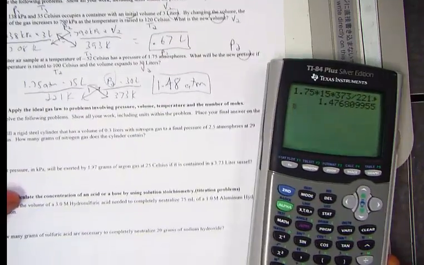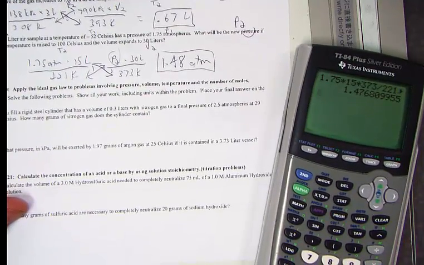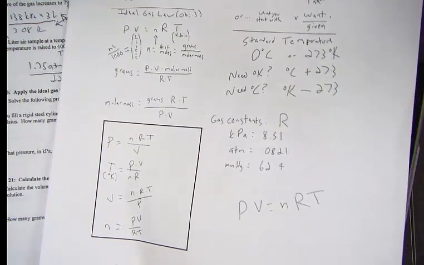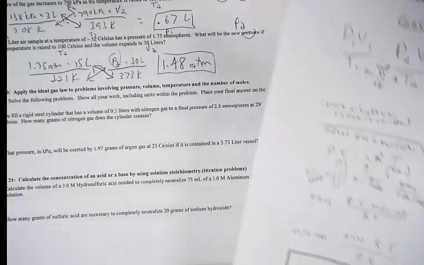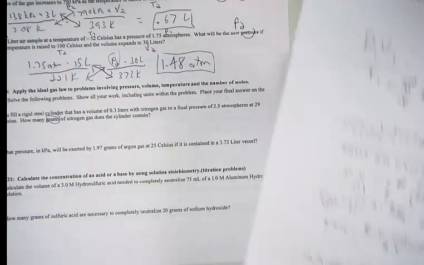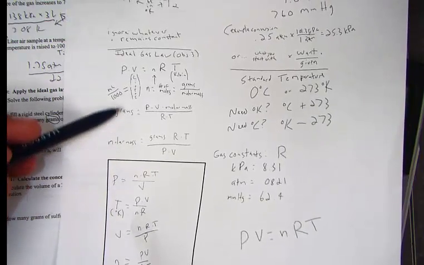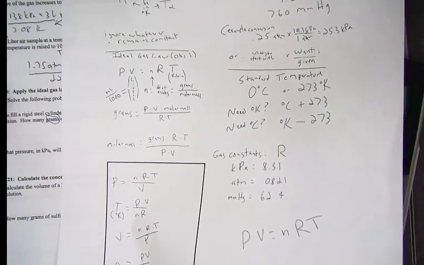Now we're on to some Puvnert's. Solve the following problems. Got a lot of Puvnert problems, and a lot of them are already configured for exactly what I need. So on this one it says how many grams of nitrogen gas does the cylinder contain. I'm going to look for any formula of mine that I've already got broken into grams. There it is.